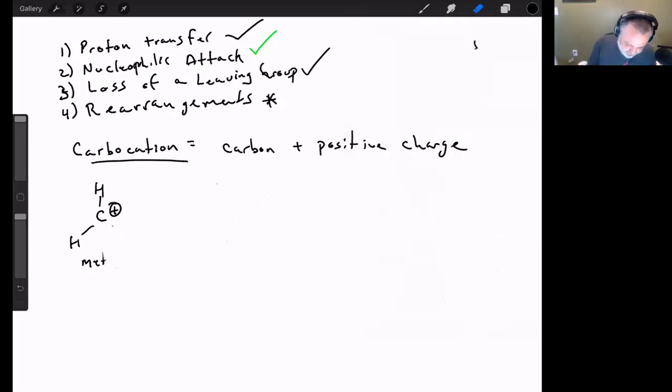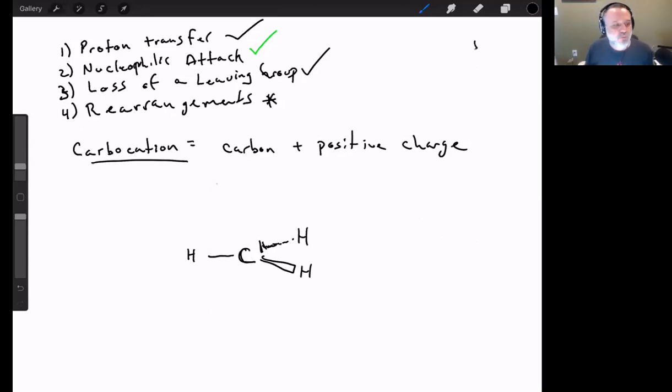And so let me erase and come in here. And what I want to do is redraw it, but use our nice 3-dimensional perspective. So if I were to ask what the hybridization of a carbocation is, I would get inundated in chat with a bunch of people writing sp2. Good job. Right, it's sp2.